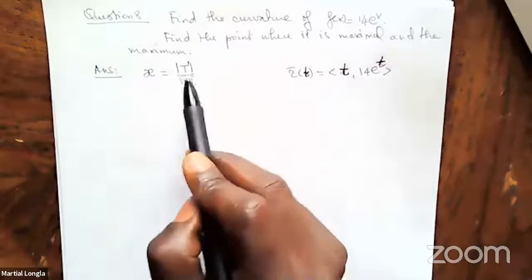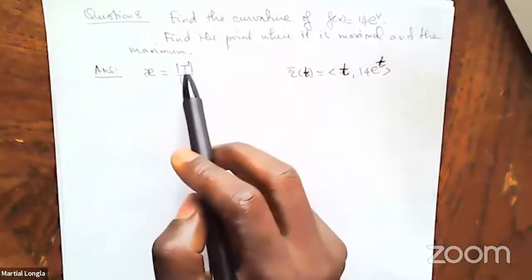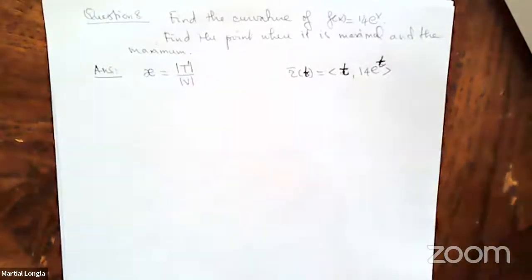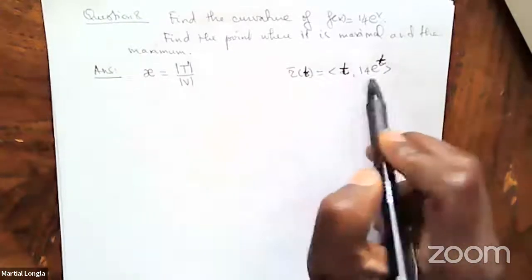There's another formula, because using this formula you will have to find T, and then find T prime, and then find its magnitude. And the form of the function is already indicating that finding T prime is going to involve a lot of roots, and then finding the magnitude after that is going to be even harder. So that's an indication for you to go for the alternative formula. What's the alternative formula?